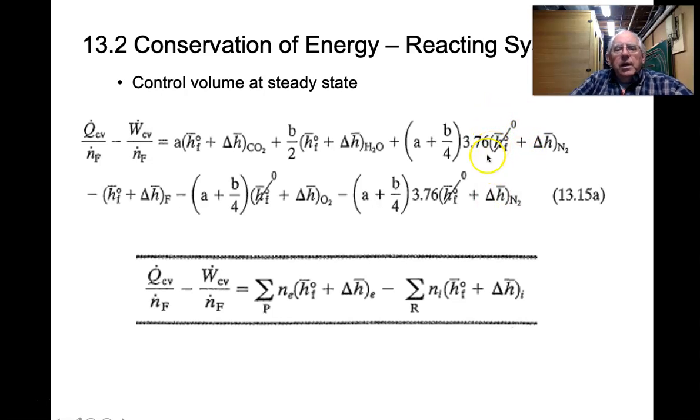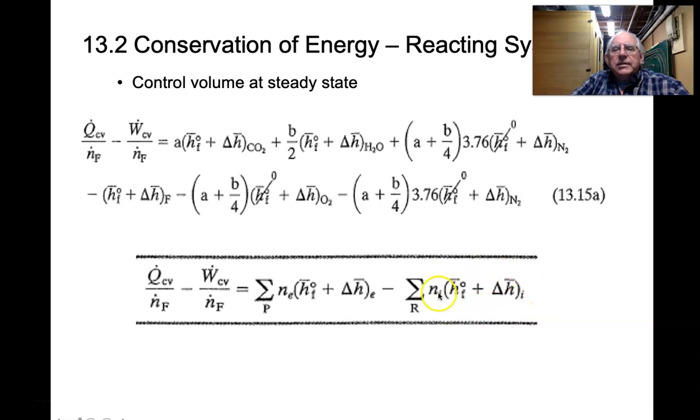calculation. But generically, what really happens is that the heat transfer and the work combined is related to the difference in the enthalpy of the products and the enthalpy of the reactants. And each of the products has a heat of formation plus an additional enthalpy associated with whatever temperature the products are at.